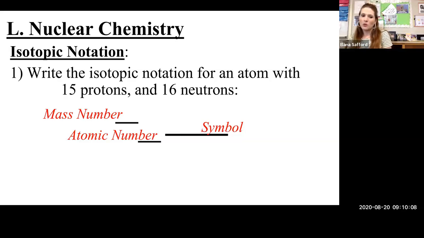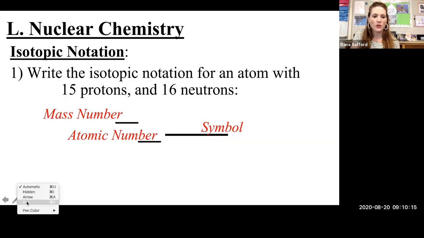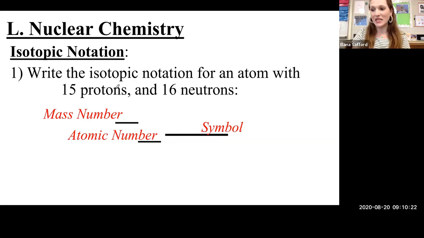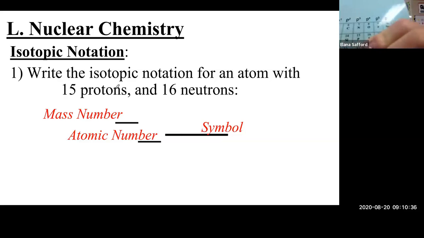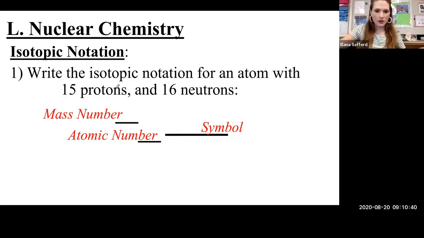Okay, so before I do anything else, I think it's important to remember that we want to look at the protons first, because the protons are what defines the element. So first thing I'm going to do is get my periodic table out, and I'm going to look for number 15, because once I know that, I know what atom I'm dealing with. So we look, you can see that is P, which is phosphorus.